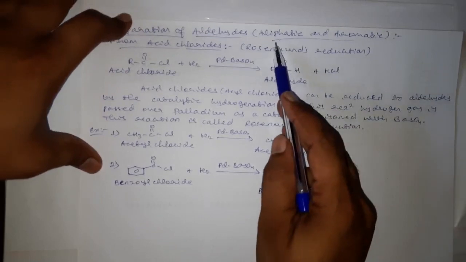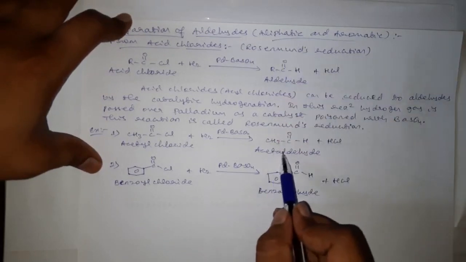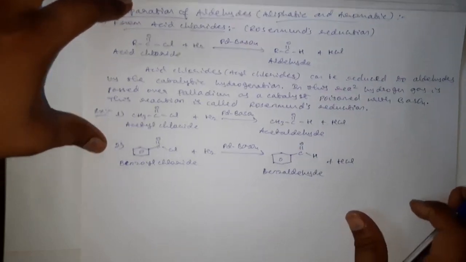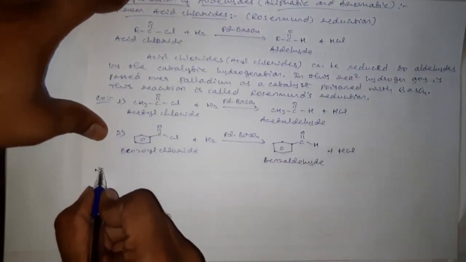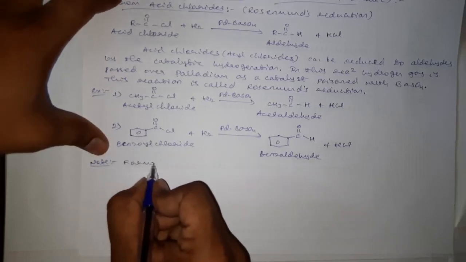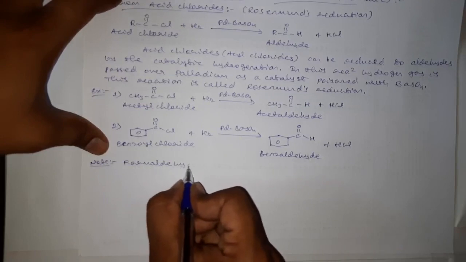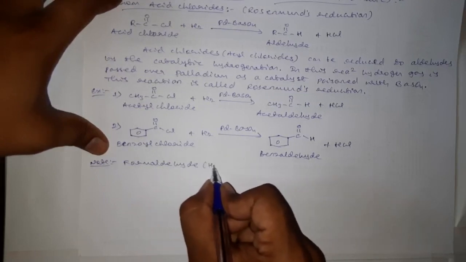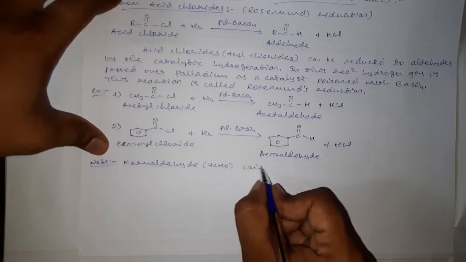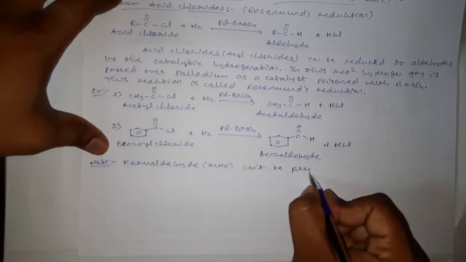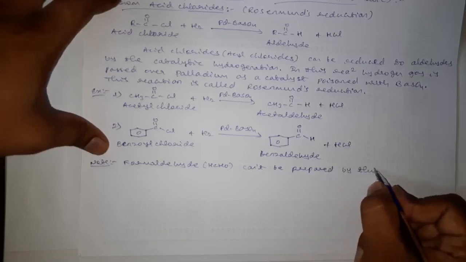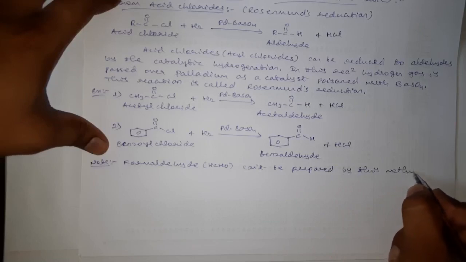And as here we have discussed the preparation of aliphatic aldehyde and the preparation of aromatic aldehyde, one important note is there, that is formaldehyde, which is having the formula HCHO. Formaldehyde can't be prepared by this method. Why?